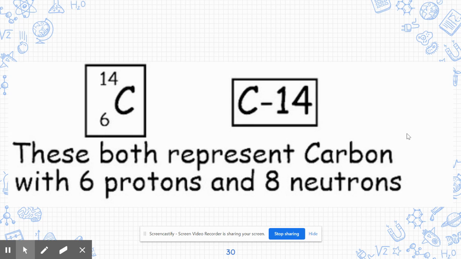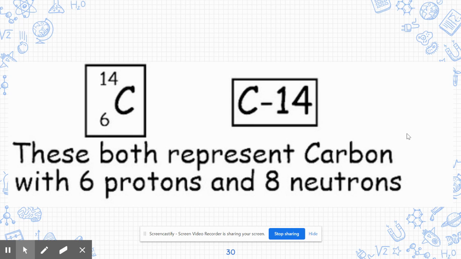So this here is carbon-14. We use carbon-14 to date anything that used to be alive. We use it to see how long ago it lived and a few other pieces of information about that particular organism. So carbon-14 is just like regular carbon.